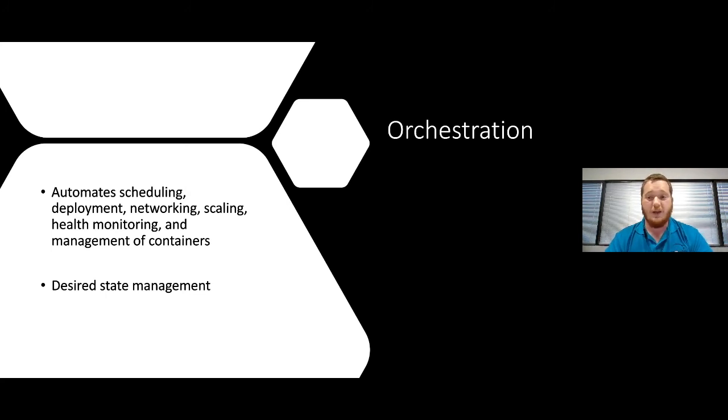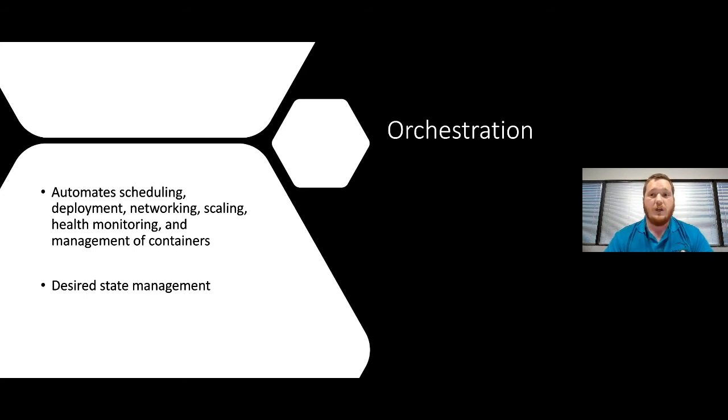And to make it even better, you can also use orchestration. The most common orchestrator used is Kubernetes, and what orchestration does is it basically automates your scheduling, deploying, networking, scaling, health monitoring, quite frankly, everything. You can give the orchestrator a desired state, and that orchestrator will ensure that that state is met at all times.